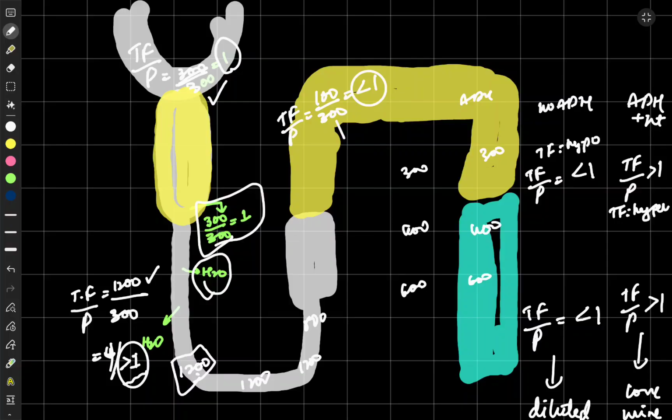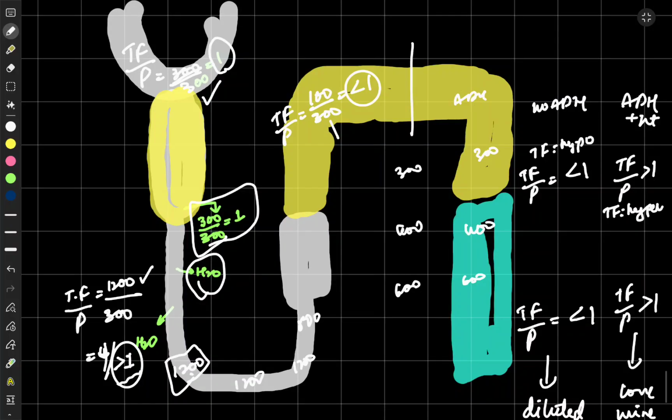In the late part of the DCT and the collecting duct, there can be two scenarios: one in the presence of ADH and one in the absence of ADH. In the absence of ADH, the tubular fluid remains hypoosmolar, and the ratio is less than 1.